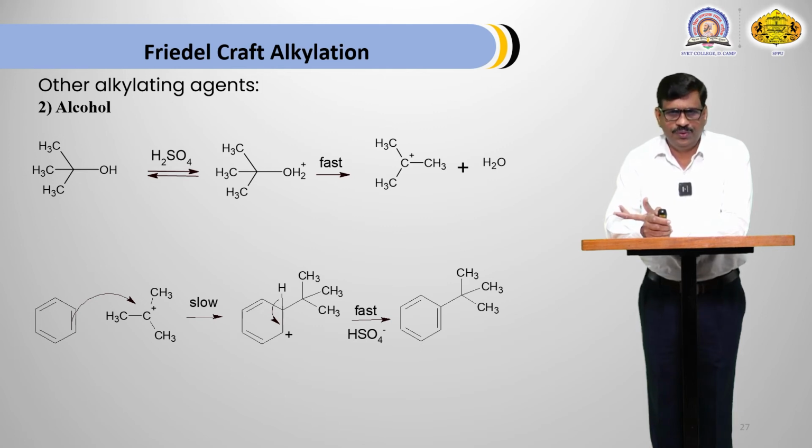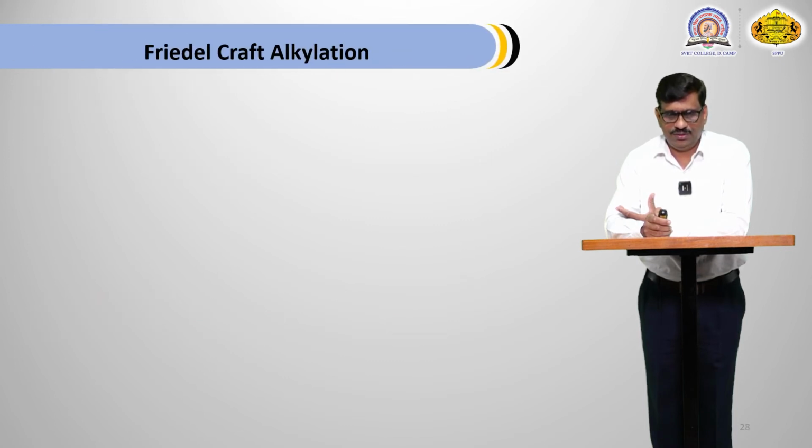It leaves the molecule and there is formation of the carbocation. Hence carbocation is formed which is required for further reaction. Once again the pi electrons interact with that carbocation, there is formation of arenium ion, and finally aromatization takes place and there is formation of the alkyl benzene as the final product.